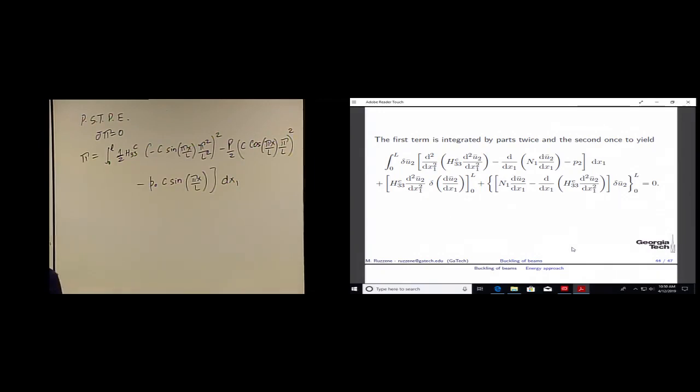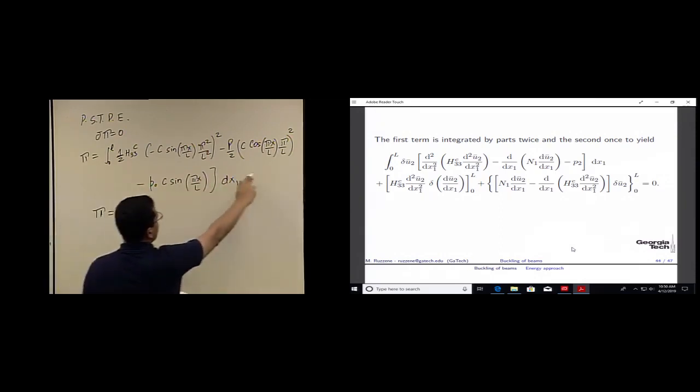Okay, so I substituted the value for u2 and carried out all the differentiations which were in the expression for total potential. And now I will carry out the integrations.